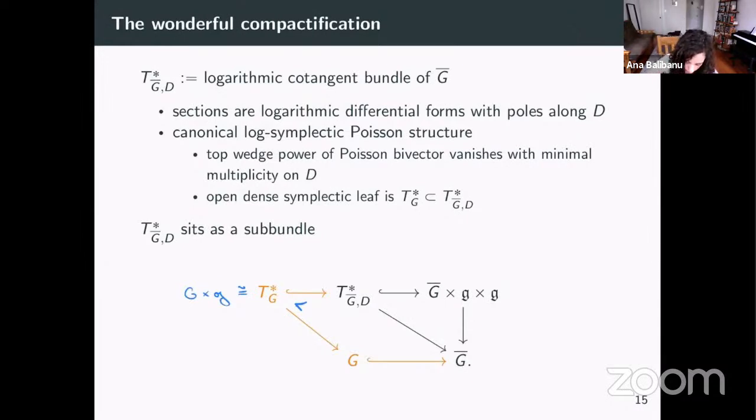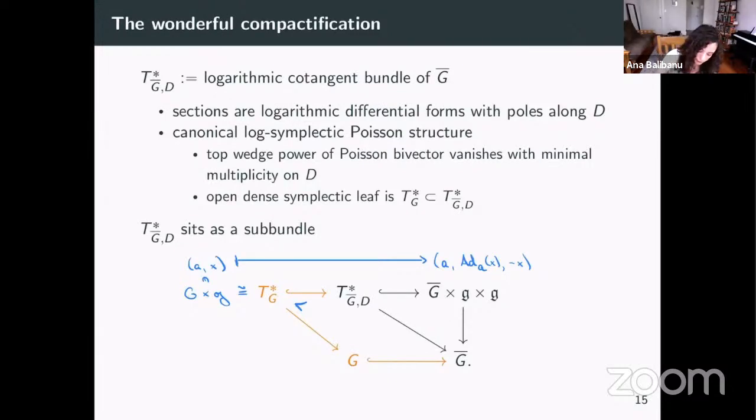And then in here, I take an element A comma X, and I map it to the point A, and then A applied to X, and then minus X. So this is a way to embed this cotangent bundle into this trivial bundle over G bar.